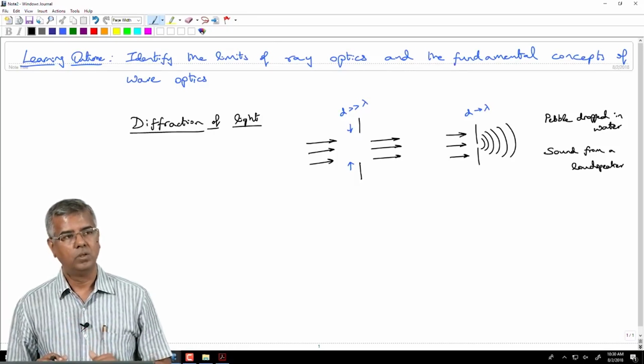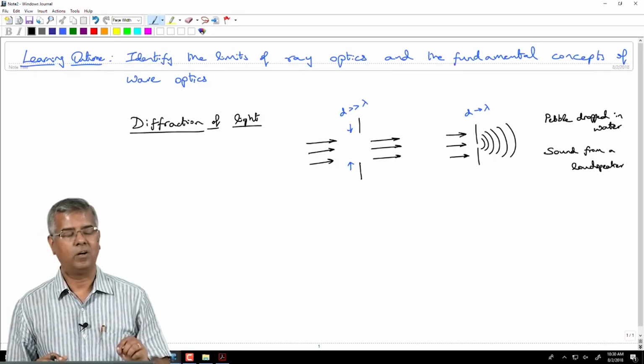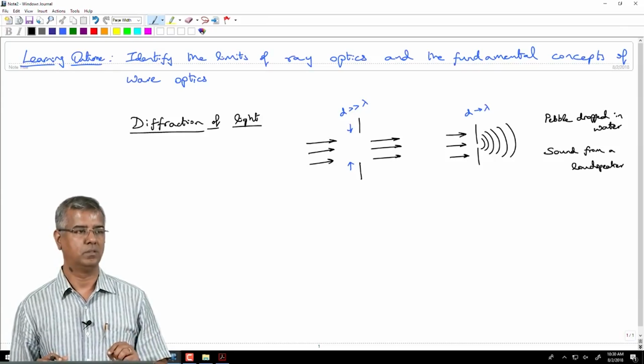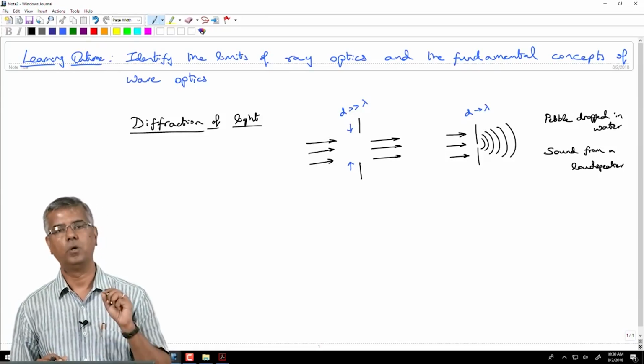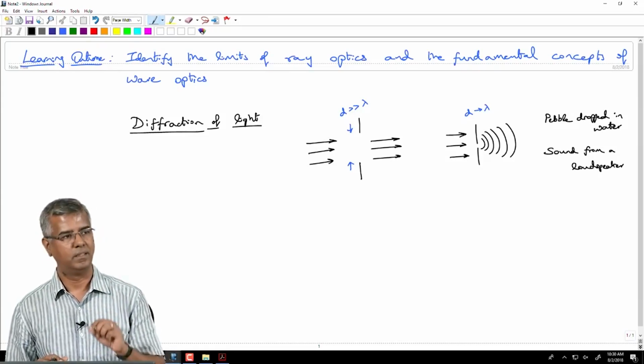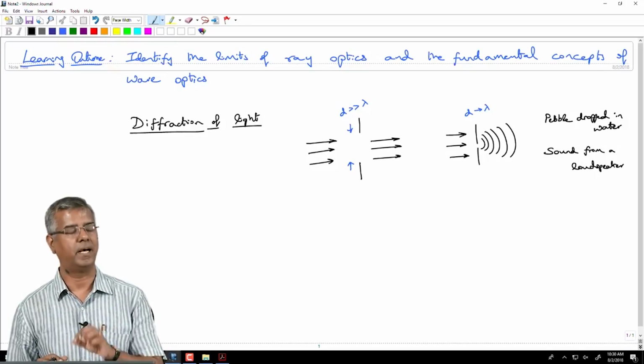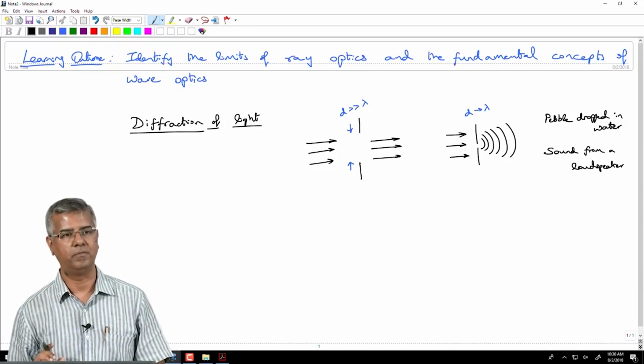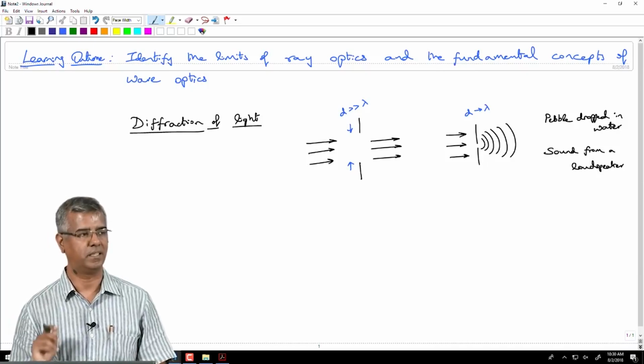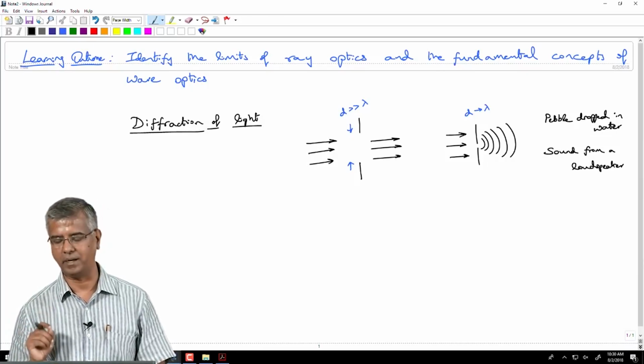So, ray optics breaks down, right, when you consider features that are comparable to the wavelength of light. Okay, that's a key thought that you want to carry on, right.